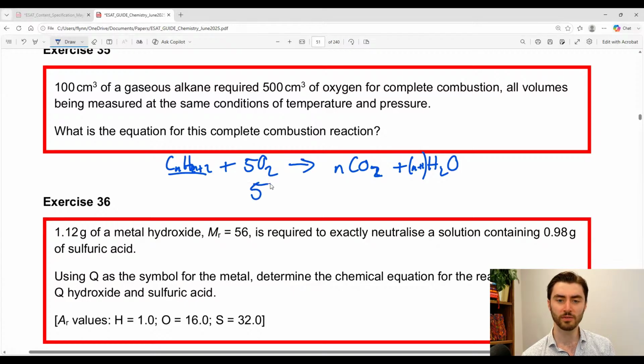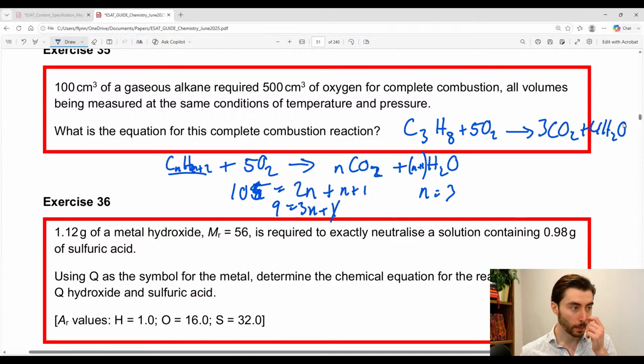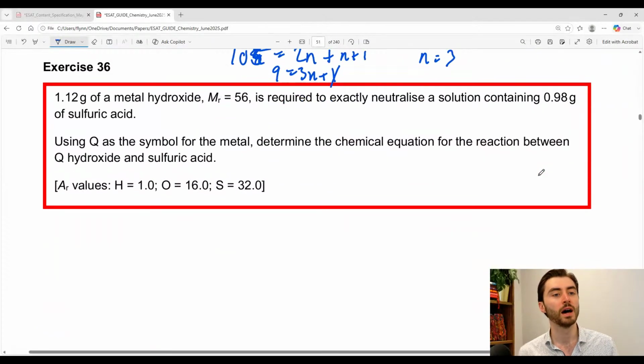So what that tells me is that 5 is equal to 10 oxygens on the left, 2n oxygens from that, n plus 1 from that, so it's 3n plus 1, and we can clearly see that n is equal to 3, so it's C3H8. I quite like that. That was fun. Nice. Very ESAT problem solving.